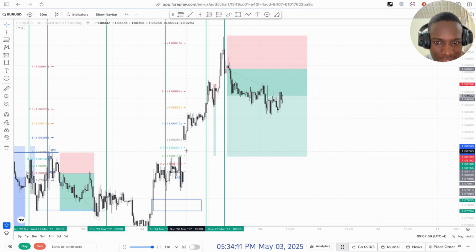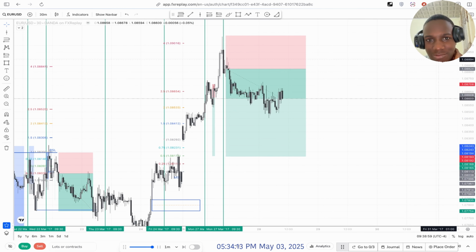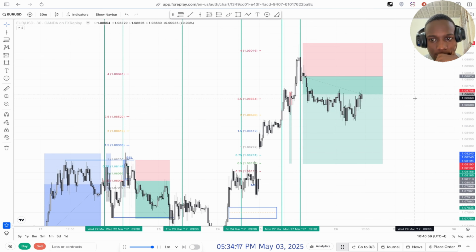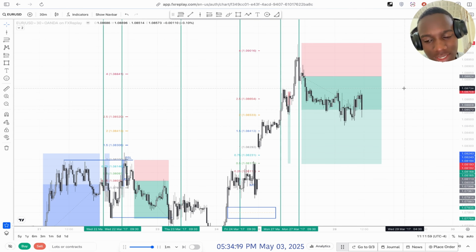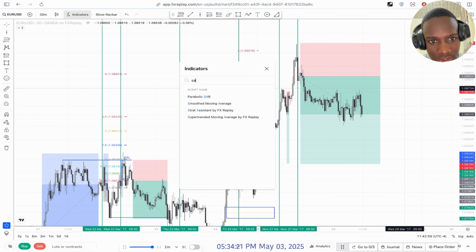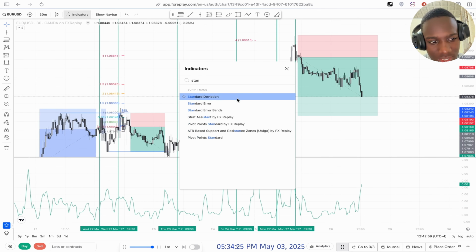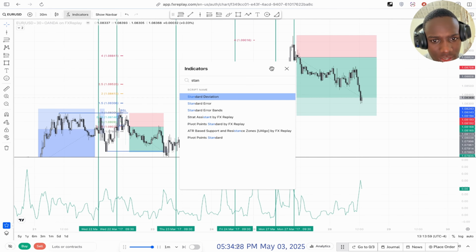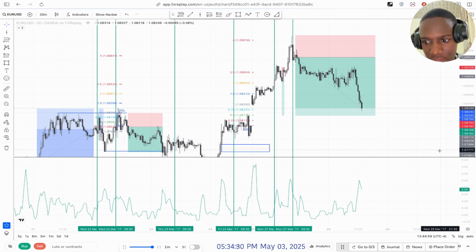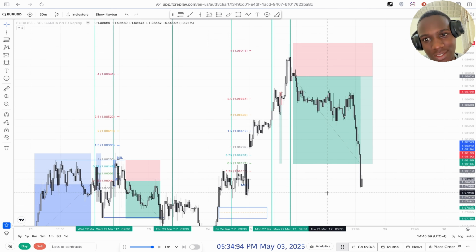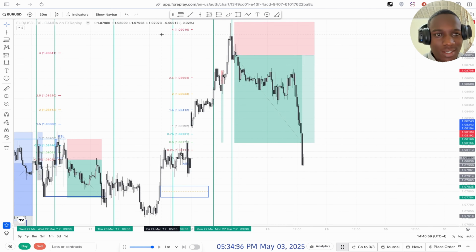At least reach this midpoint, then we continue with the narrative bias. And still there, like a standard deviation. How does this work? Okay. TP hit after a year, I guess.